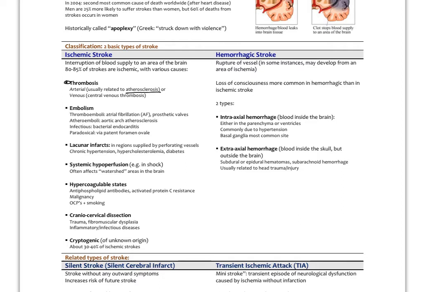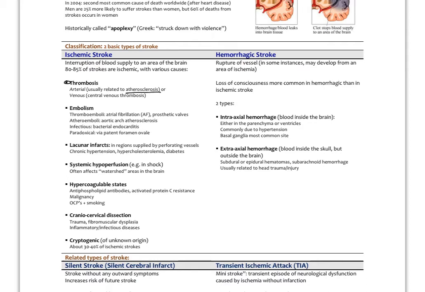We can also have venous thrombosis, and that's where you get something like a deep vein thrombosis, and what can happen there is it can embolize. Now, we'll talk about deep vein thromboses later. The good thing, I guess you could say, about DVTs is, let's say you form in your legs a blood clot in the vein, a venous thrombosis, and part of that breaks off and it embolizes.